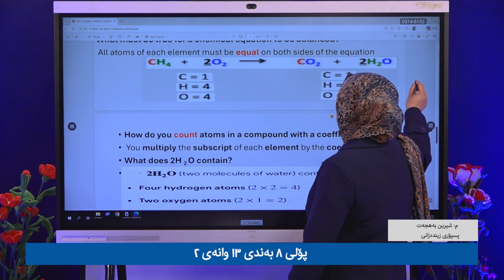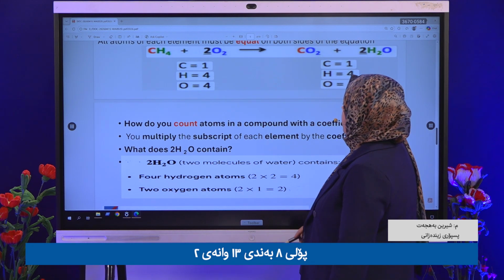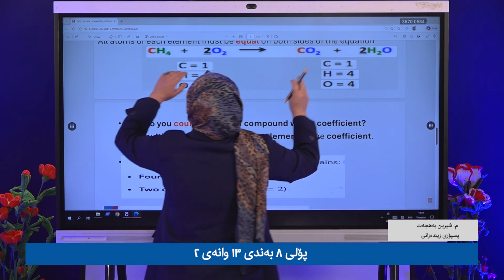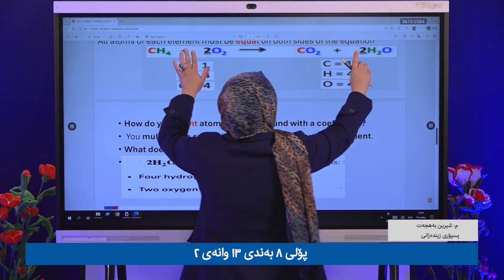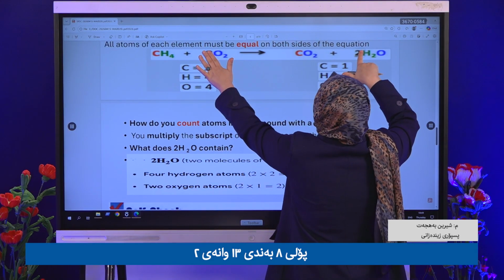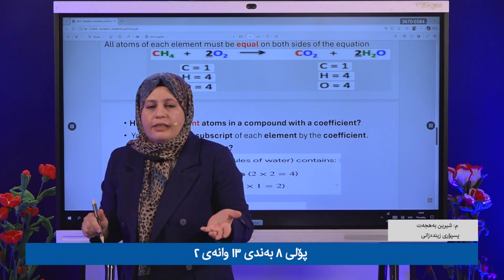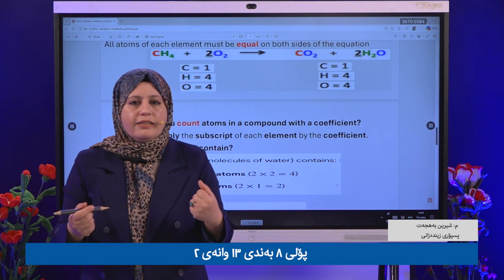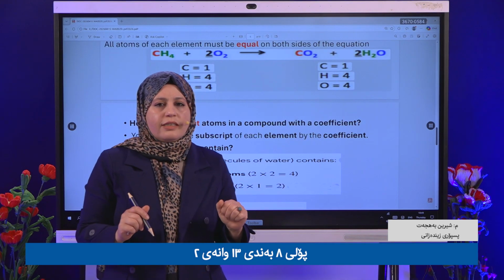Look at this equation. I want to balance it. Before that, does it balance? Of course not. When I want to balance it, I add coefficients.